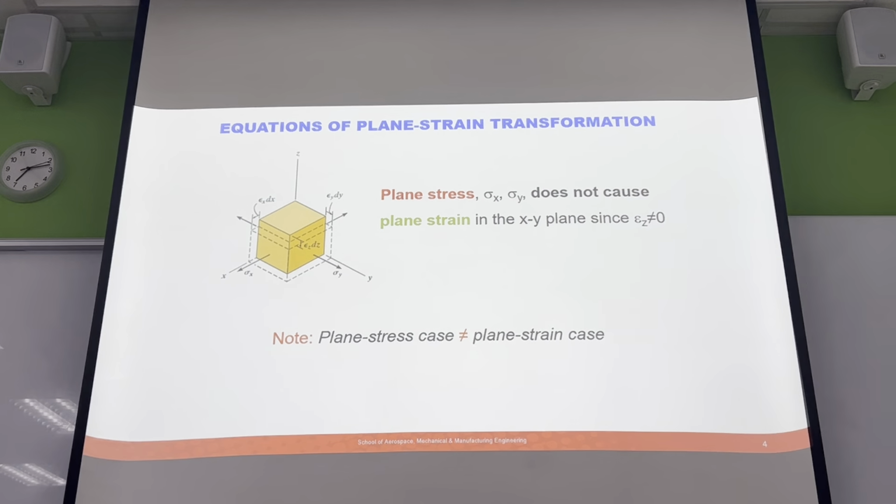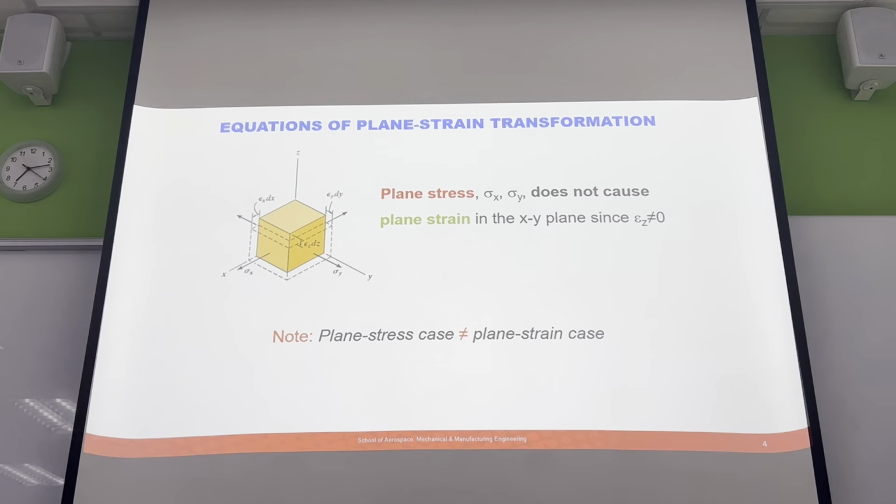So you can imagine, if I'm working on this sheet here, all the stress, all the deformation is going to be on the plane of this sheet. There's not a lot of interesting things happening in this direction. But that's fine, and that enables us to make simplifications in how we analyse that system.